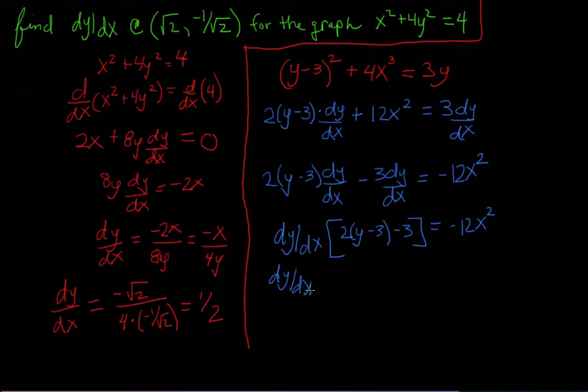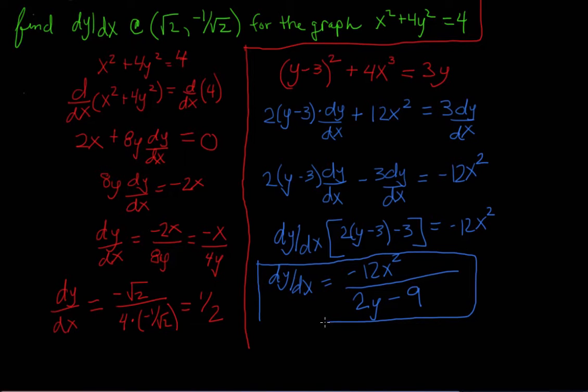So dy/dx equals negative 12x squared over, simplifying, 2y minus 6 minus 3, which is 2y minus 9. So the rule that gives us the slope of the tangent at any point on this graph is negative 12x squared divided by 2y minus 9.